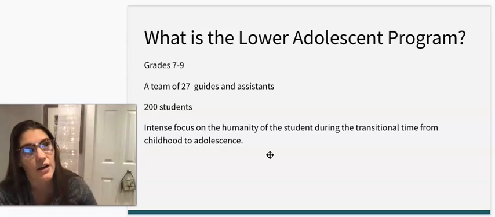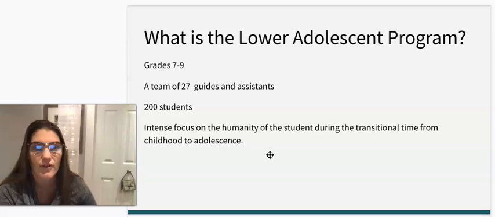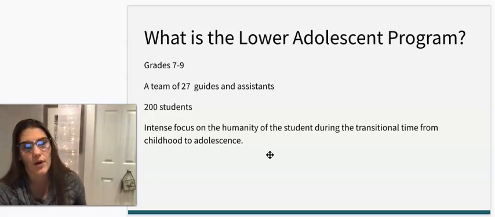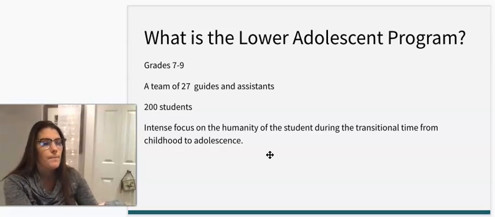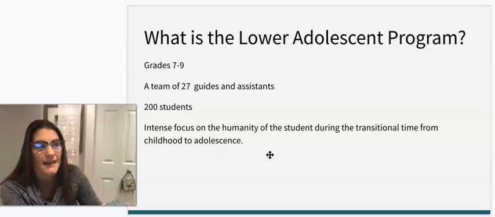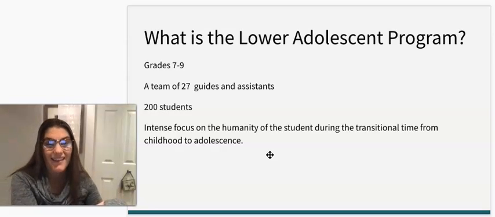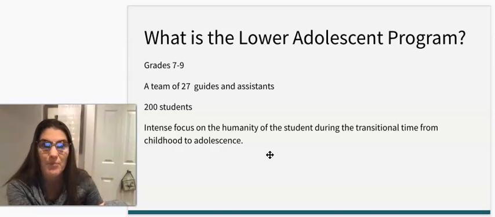Our students are typically coming into 7th grade with lower executive functioning skills. That's the ability to organize your work and prioritize all the things you have to do in a day. They're really socially justice minded, so this time in history provides a lot to talk about and grapple with.